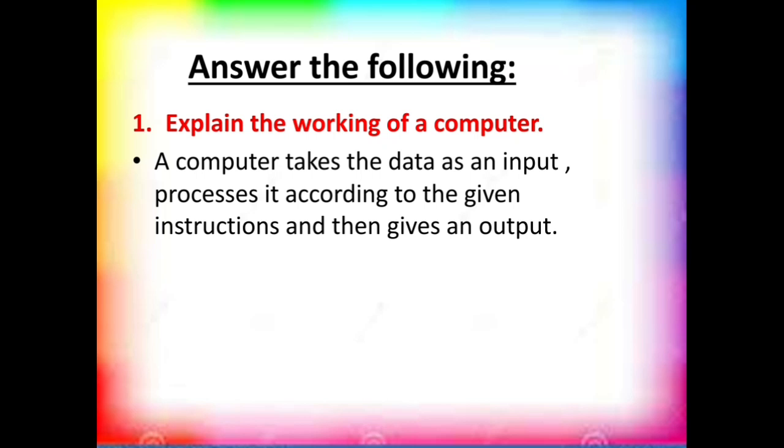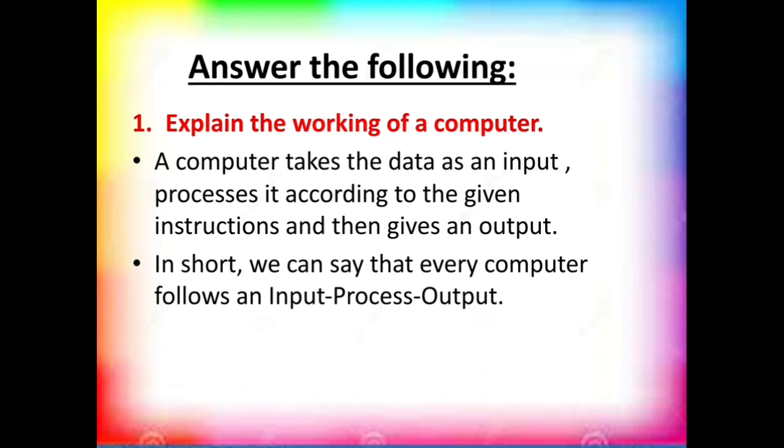It will take the information as an input and it will process. It will do some action and then it will give an output. So in short, we can say that every computer follows input, process and output. So all computers follow these steps.